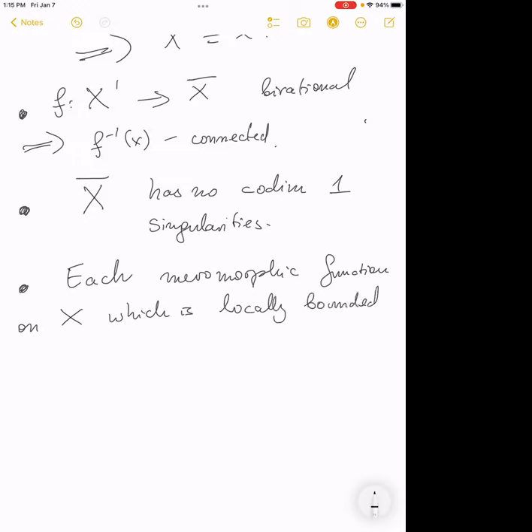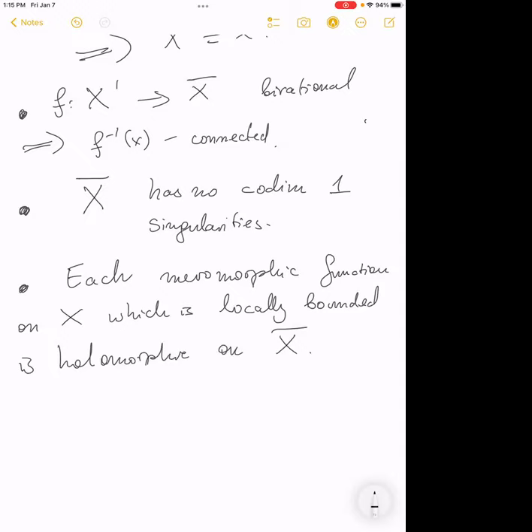Here, implicitly, what's assumed is locally bounded at the singular points. But yeah, locally bounded is holomorphic on X bar. So it's kind of a removable singularity theorem.